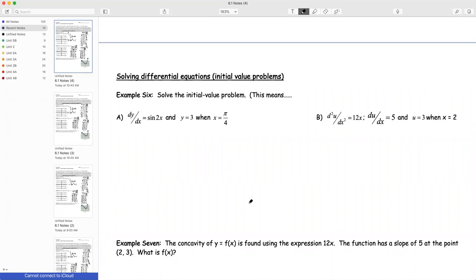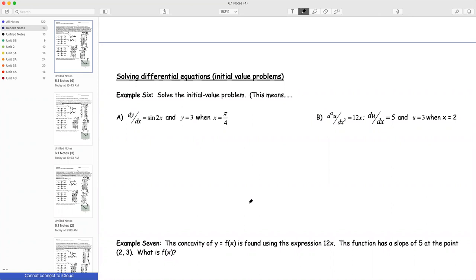All right. So last thing that we're doing here, solving differential equations, initial value problems. If you go on to do higher math, you have a whole course on differential equations, right? It's like Calc 1, Calc 2, Calc 3, Calc 4, and then differential equations.